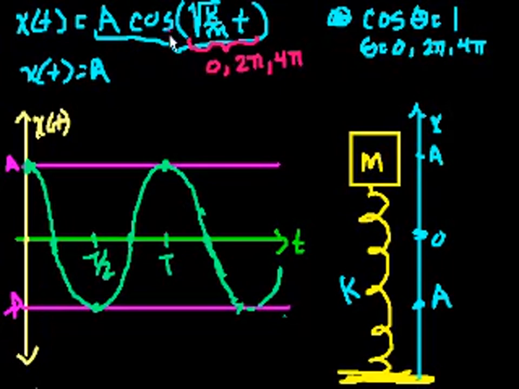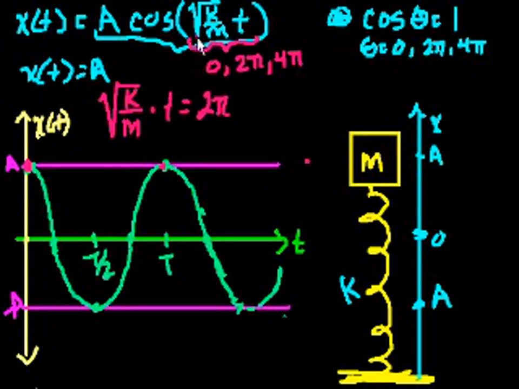So this whole expression will equal A at these points. It'll happen again over here someplace, when this little internal expression is equal to 2 pi, or really any multiple of 2 pi. So we could say x of t is equal to A when the square root of k over m times t is equal to 2 pi.